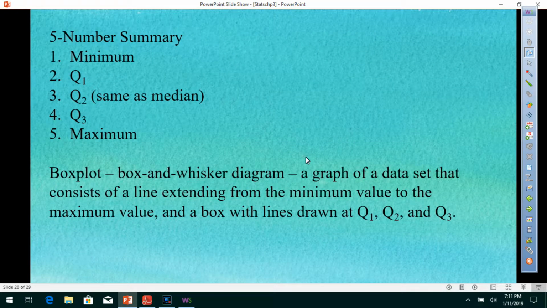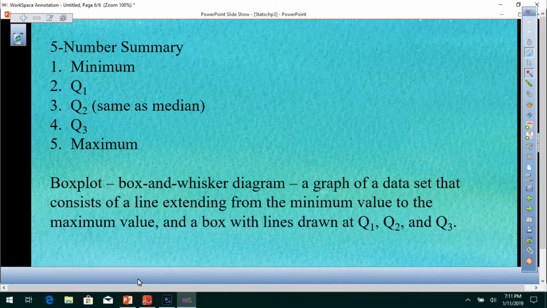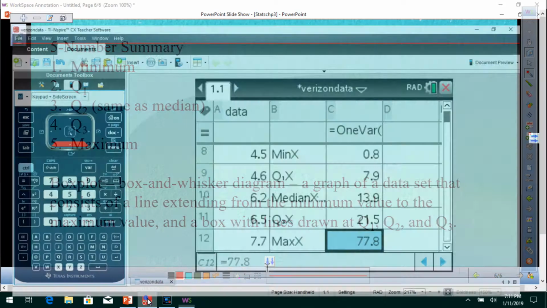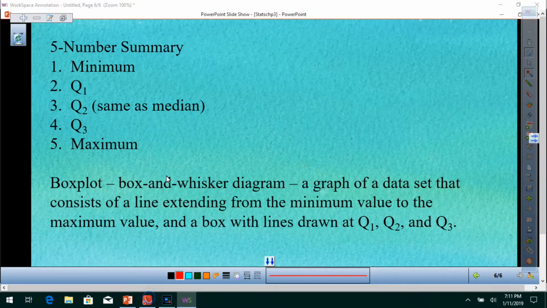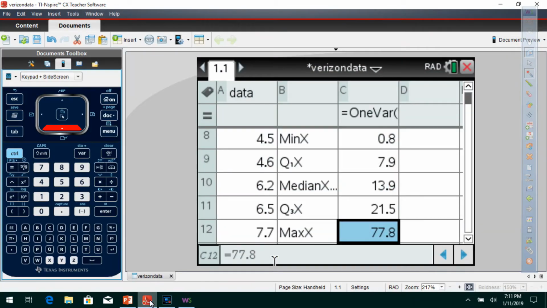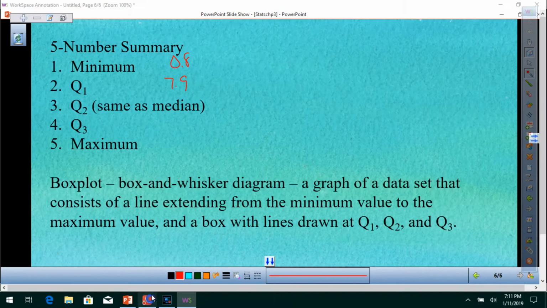The 5-number summary. So let's see, what do we got? The minimum is 0.8. Q sub 1 is 7.9. Q sub 2, same as the median, is 13.9.